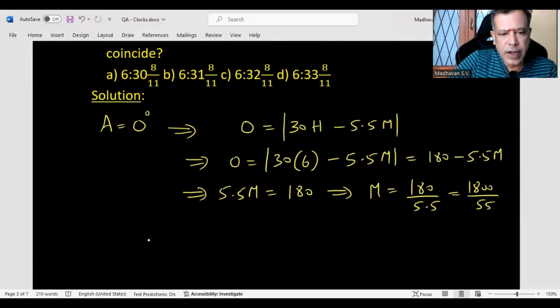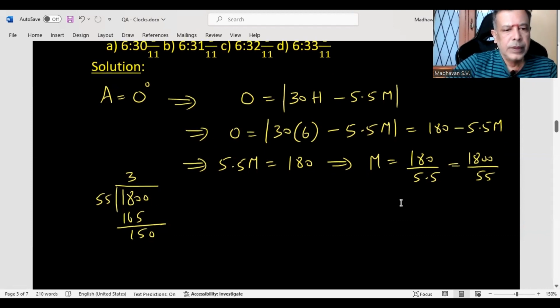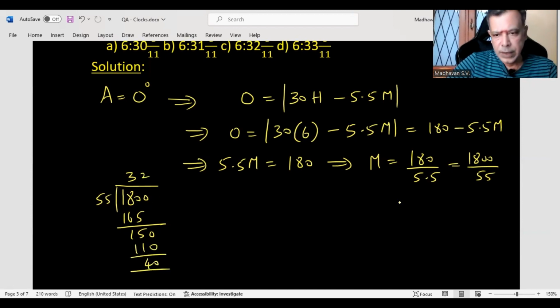Now let us divide 1800 by 55. If we consider 3, it is 5 3s, 3 5s are 15, 1, 3 5s are 15, 16. And this is 15, 150. Now this is 2, we get 110, we get a remainder as 40.